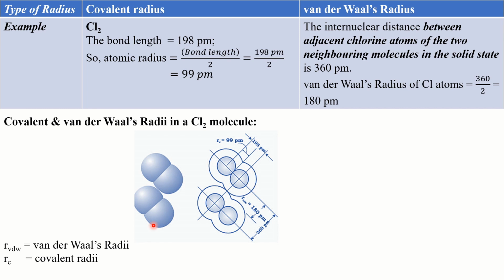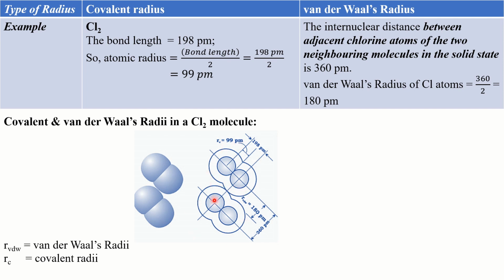Now, how do we calculate the van der Waals radius? Remember, it is measured as half of the distance between the centers of the nuclei of two adjacent chlorine atoms belonging to two neighboring chlorine molecules. Clear?